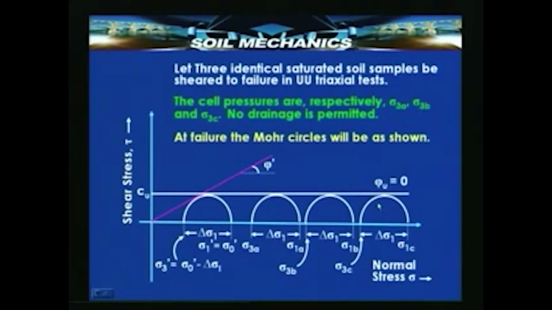But if I have measurements of the pore pressure value here, then I can subtract the pore pressure values from these applied stresses and get the effective stress values, which, as I have shown in the previous table, will be sigma 3 dash equal to sigma 0 dash minus delta sigma 1 and sigma 1 dash equal to sigma 0 dash, and this being effective stress, it will give an envelope which will give me an effective friction angle and 0 cohesion, because that will correspond to fully drained conditions.